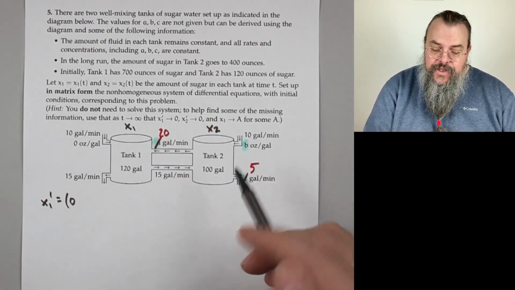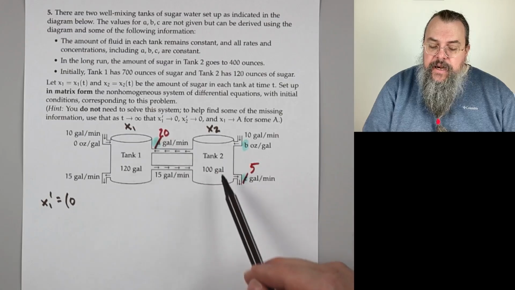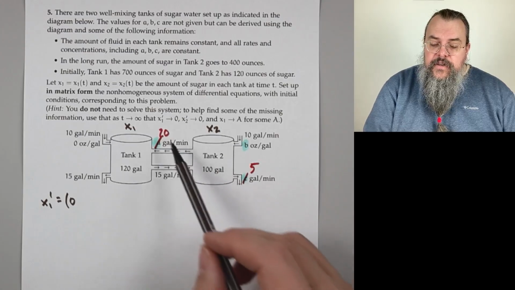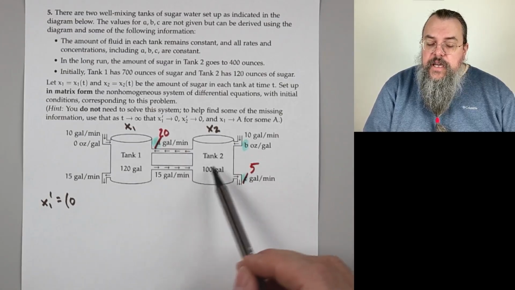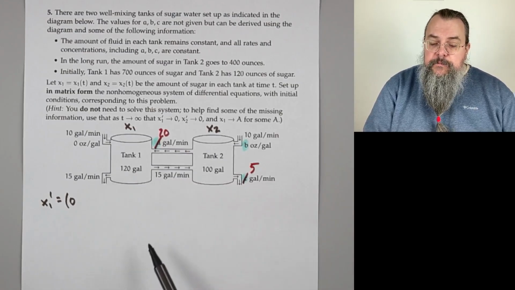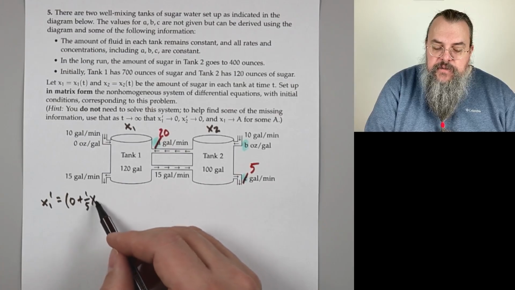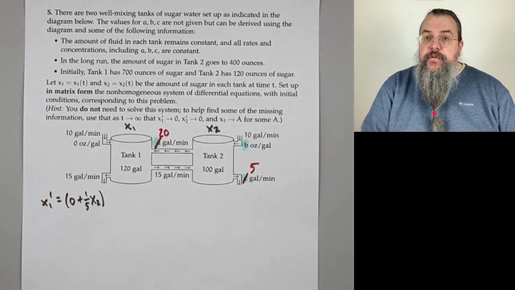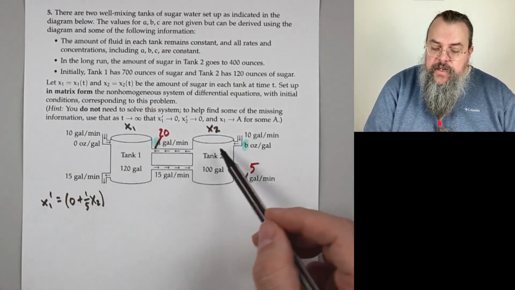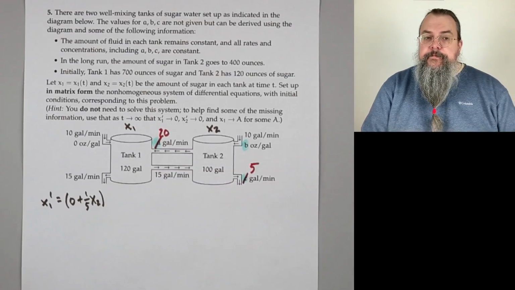How much? Well, there's 20 out of the 100 gallons. So that's 1/5 of tank 2 being put into tank 1. So 1/5 of the sugar from tank 2 is going to move into tank 1, right? 20 over 100 coming in.